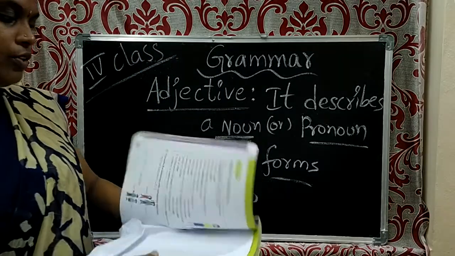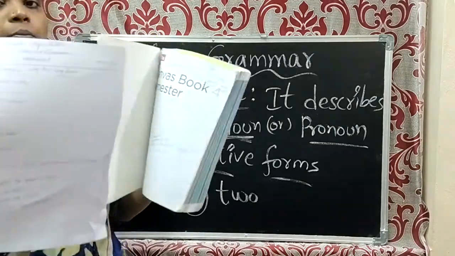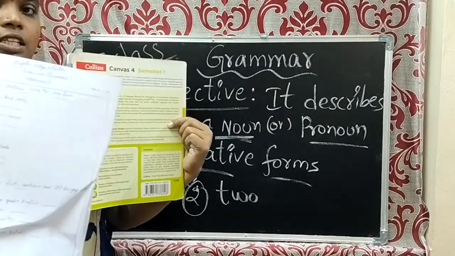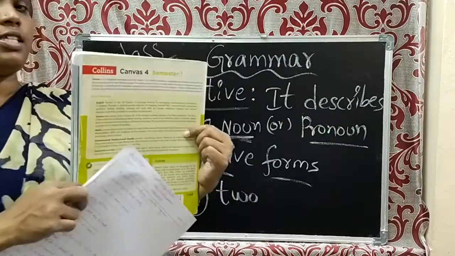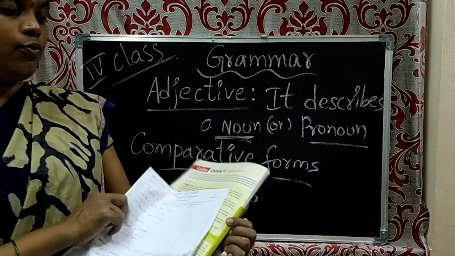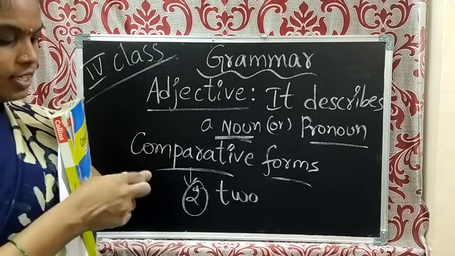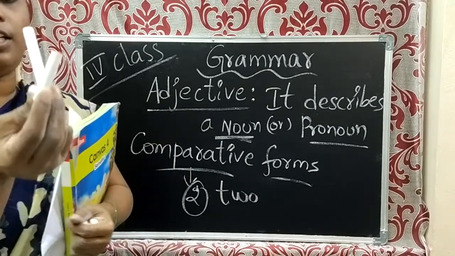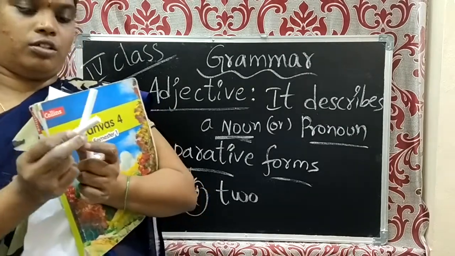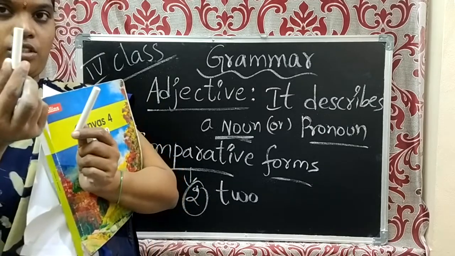For example, you can take paper and book. This is thin. This is thick. Or take this piece of chalk. This is short.